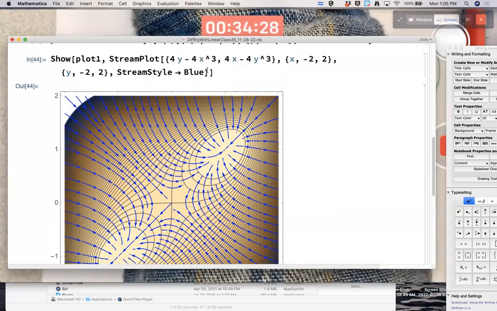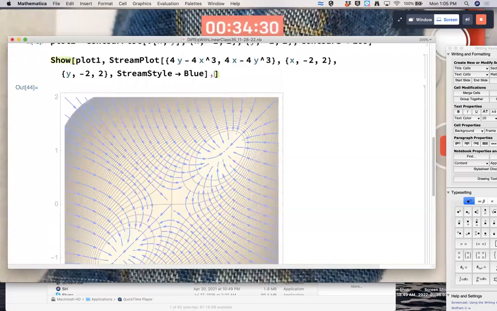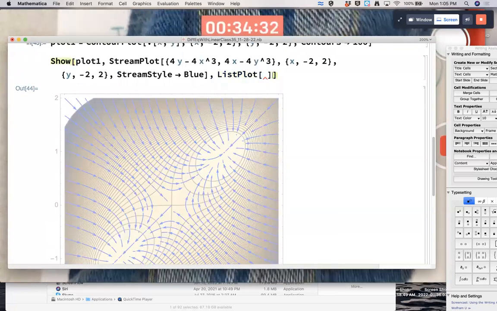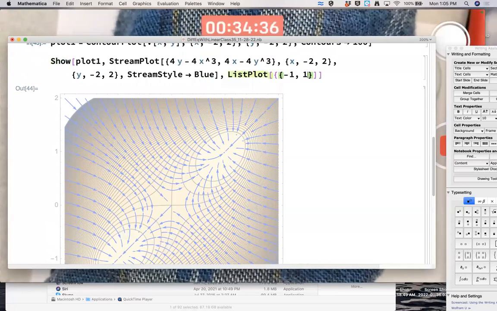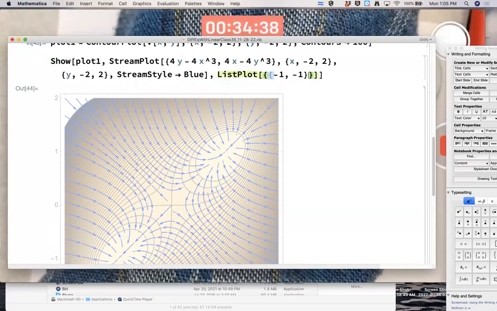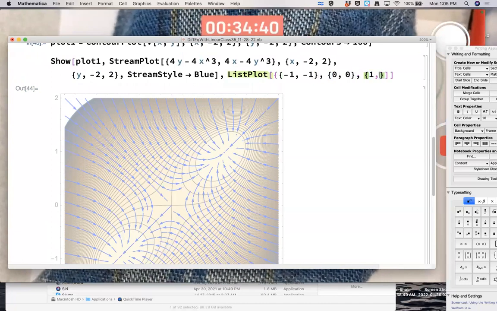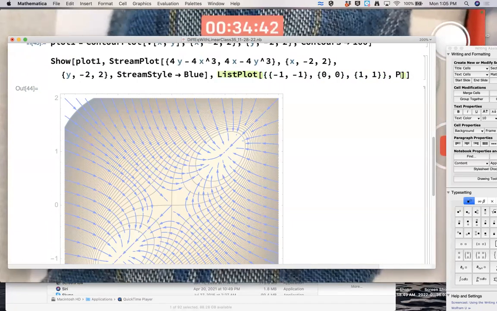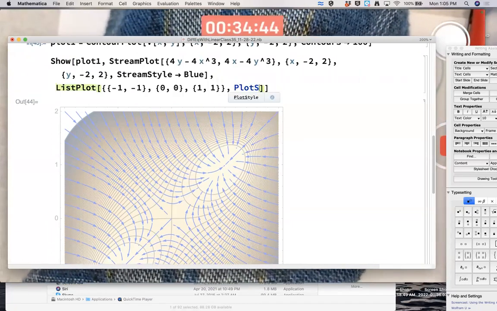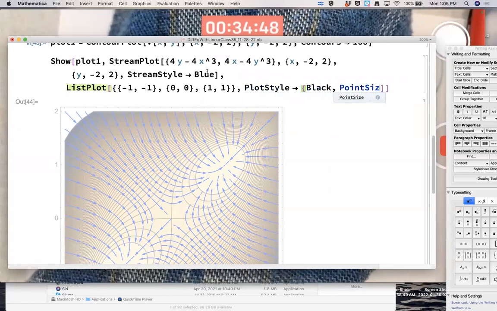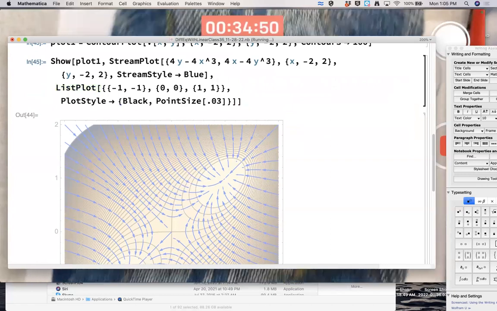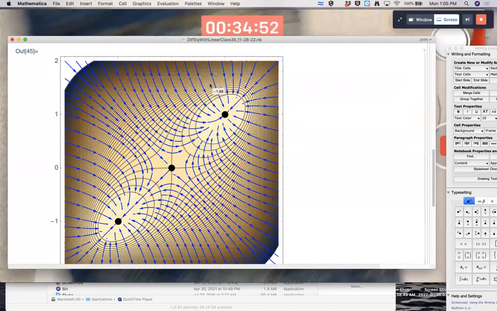I should probably draw those in here as well. So I'm putting the equilibrium points in here. There they are.